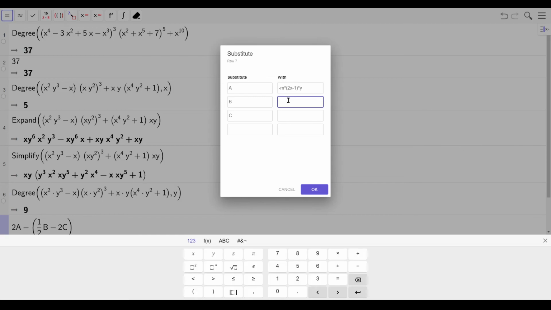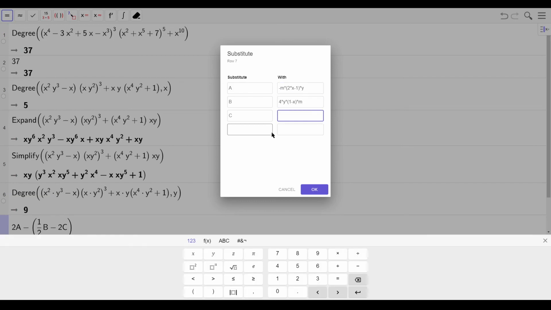For B, I have 4Y, and then a pair of brackets 1 minus X, and then you have again M. Yes. So I also need a star here. Probably I also need a star here. I don't know. Do you agree with me now?